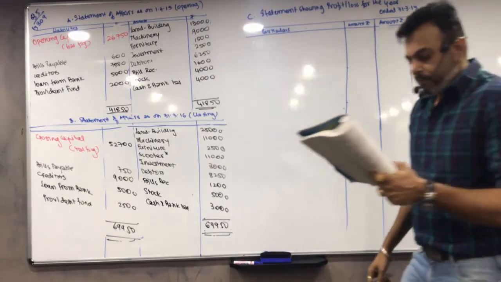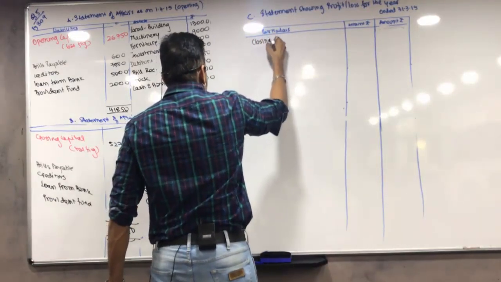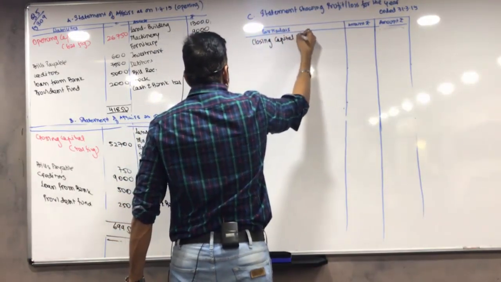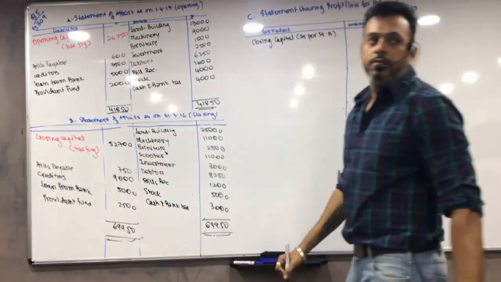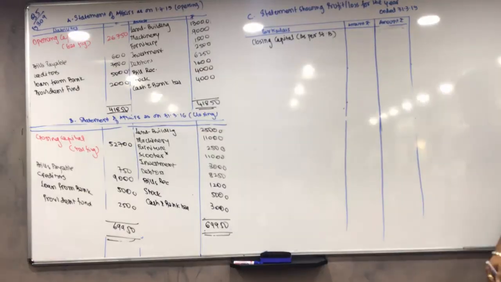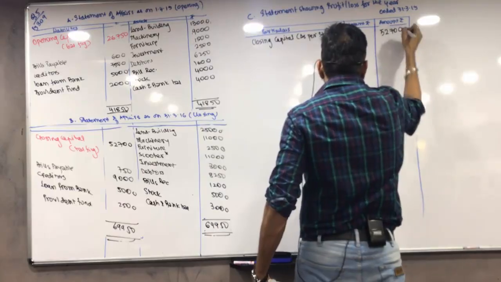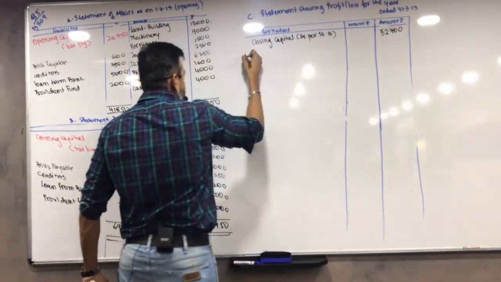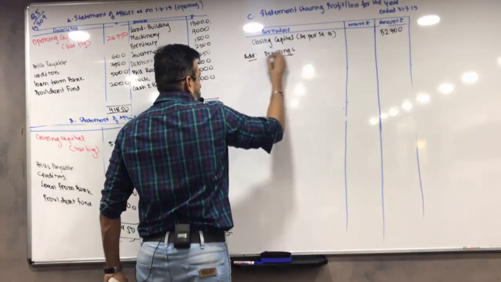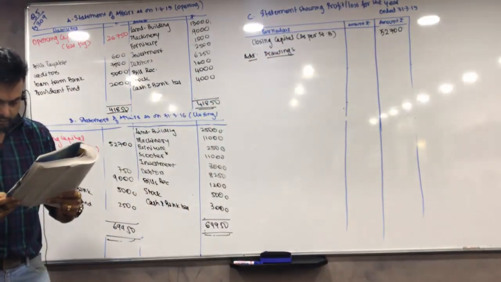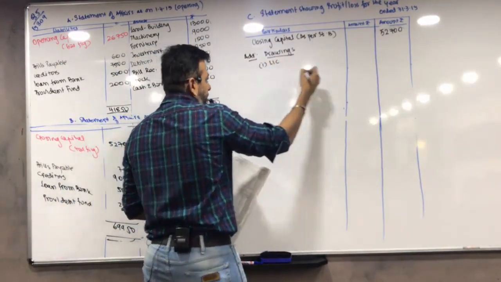Now, we start with closing capital as per statement B, so it is 52,700. Add drawings. What's there in drawings? LIC premium 3,500 first.